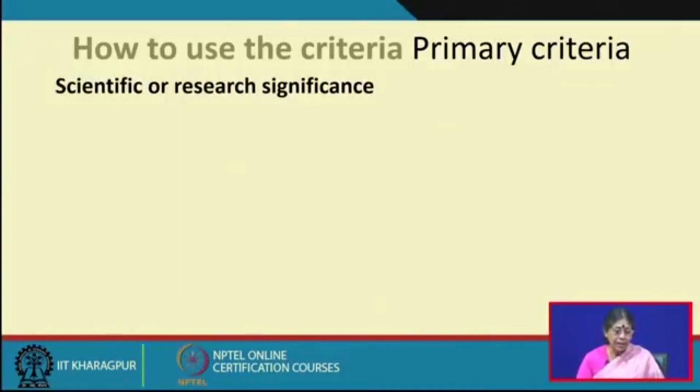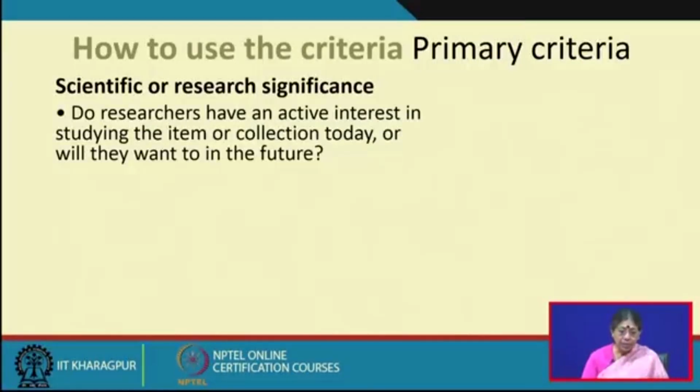Comes the third category, scientific or research significance. If you remember, we talked about Jantar Mantar and these structures under this. Let us see what can be the different checklist for this category. Do researchers have an active interest in studying the item or collection today, or will they want to in the future?